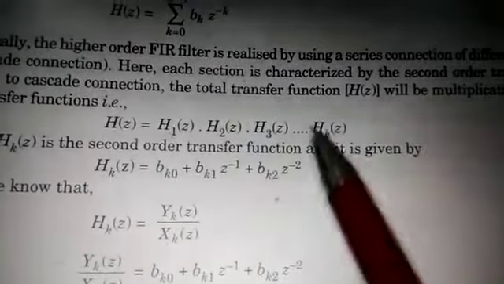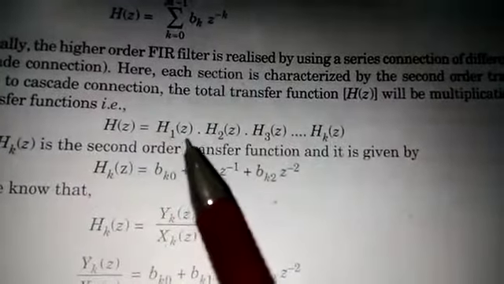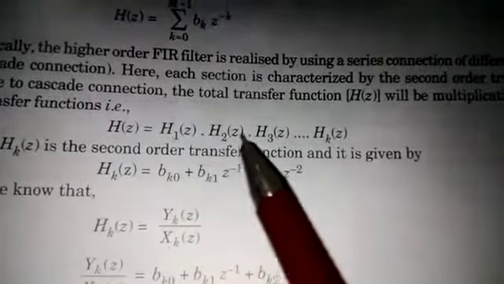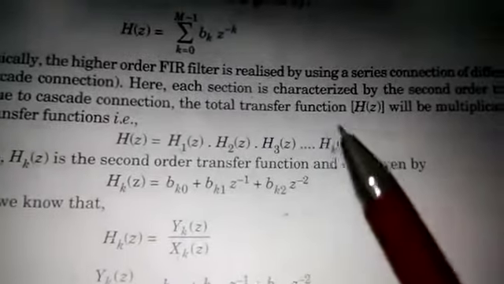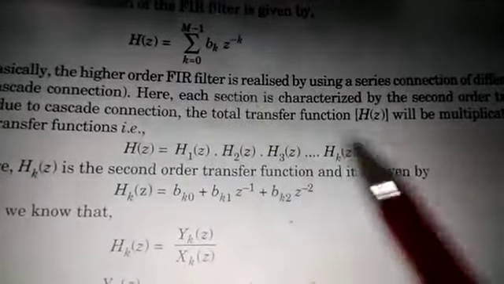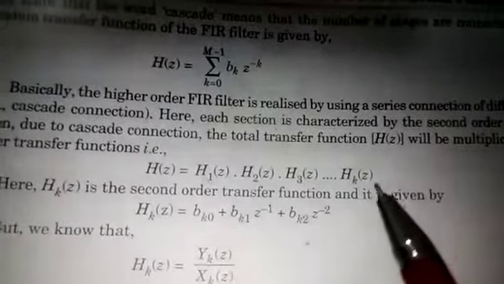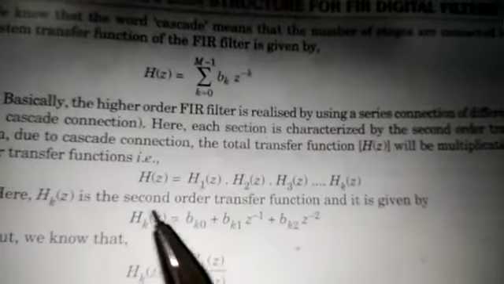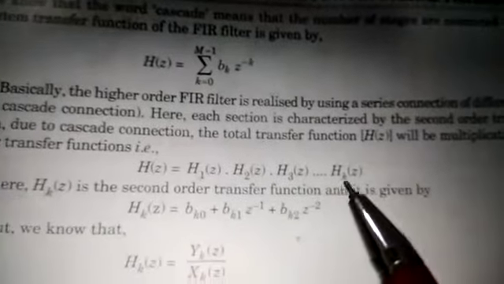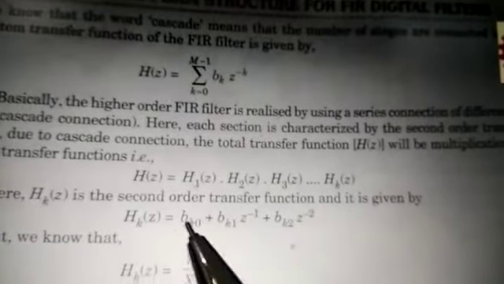And for parallel structure, we need h of z equal to h1 of z plus h2 of z plus h3 of z and so on. For cascading, multiplication should be there, and for paralleling, addition of these components will be there. Components means separate filter functions.